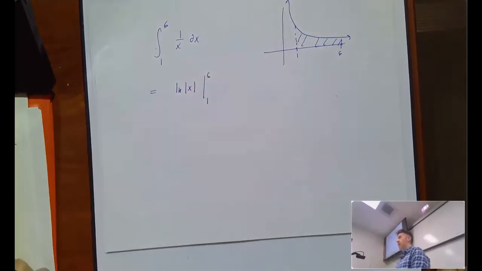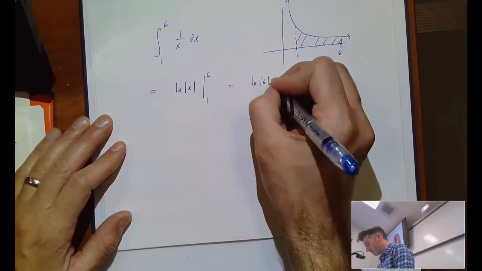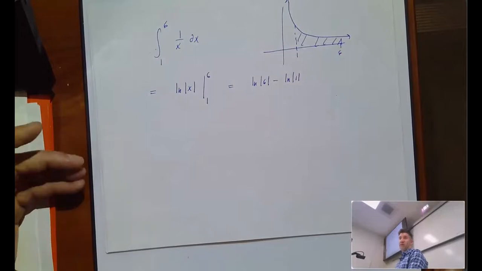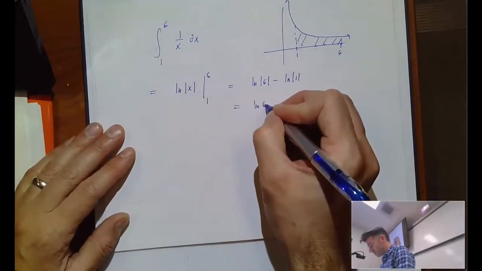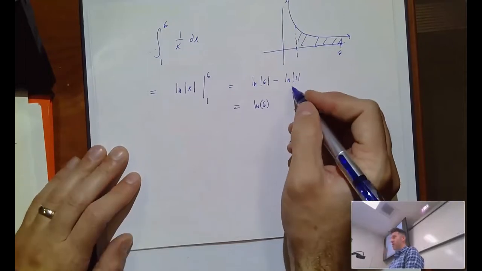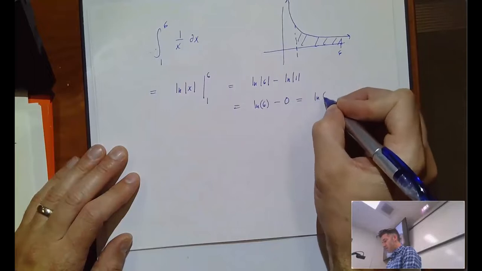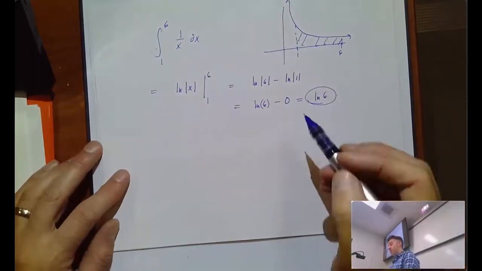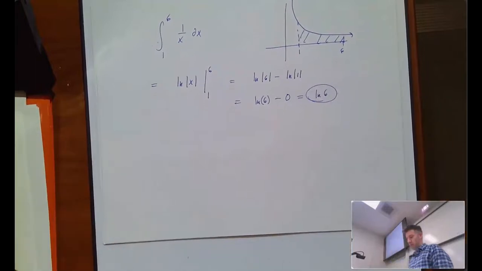And then we just plug in. And we get the natural log of the absolute value of 6 minus the natural log of the absolute value of 1. Now it's totally unnecessary to write the absolute values there because the absolute value of 6 is 6, and the absolute value of 1 is 1, and the natural log of 1 is 0. So really this is just equal to the natural log of 6. That's how much area is under that curve from 1 to 6. Square units, I guess, if you want to be interesting about it, but we don't really care.